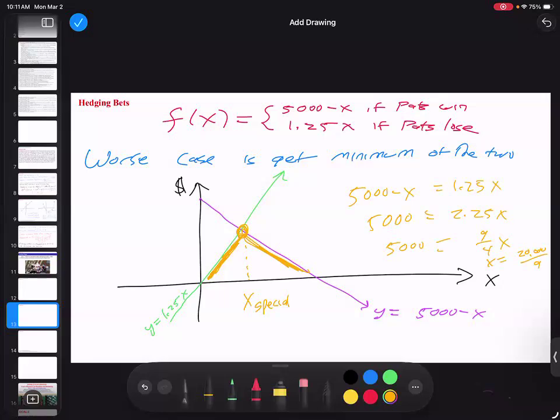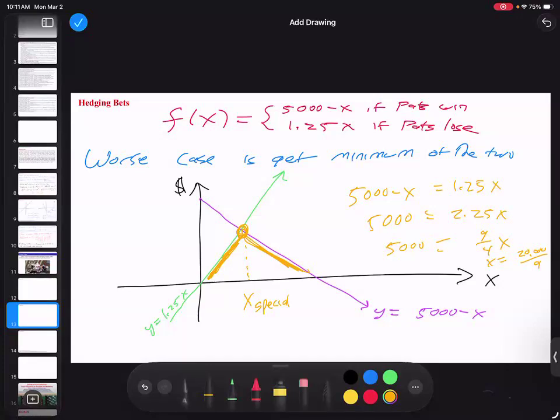And that would tell you exactly how much you should bet. And you can change the amounts. You can change how much you get for the Patriots losing, and you can see how that impacts here. But all we're doing is equations of lines and seeing where they intersect. If you want, it's a nice exercise.